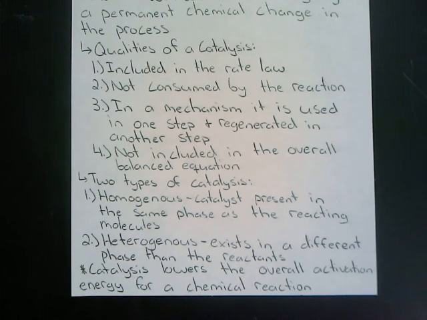With that lock and key model, each and every substrate is specific to making that reaction go faster for each and every biological reaction that has an enzyme. But just know that an enzyme is a biological catalyst that uses that lock and key model.